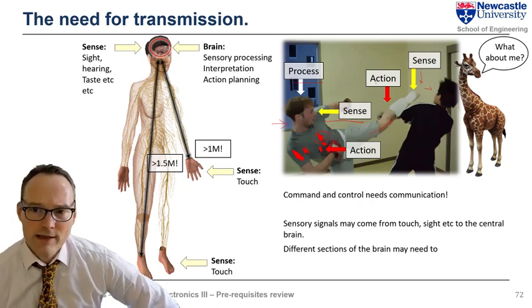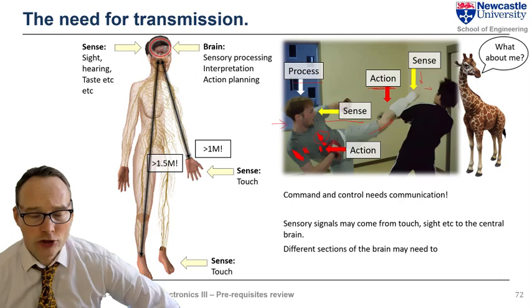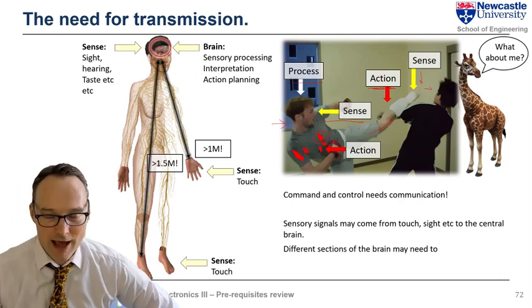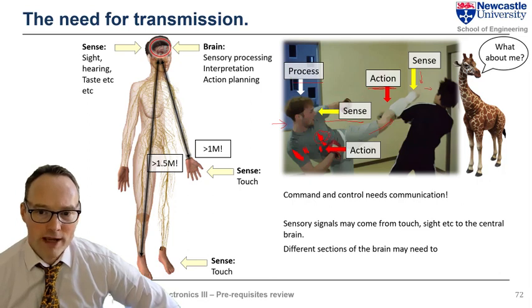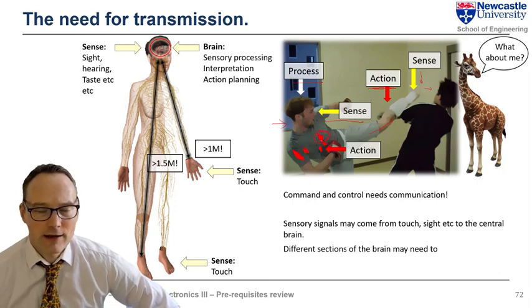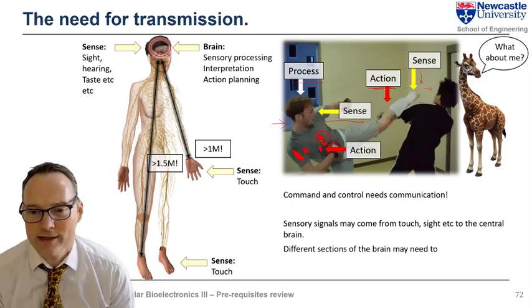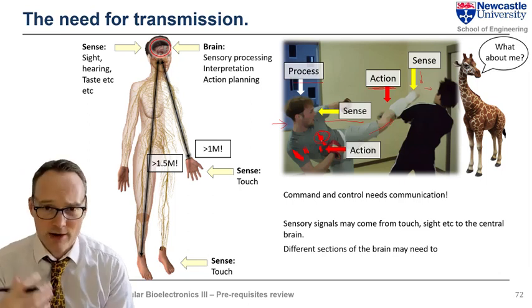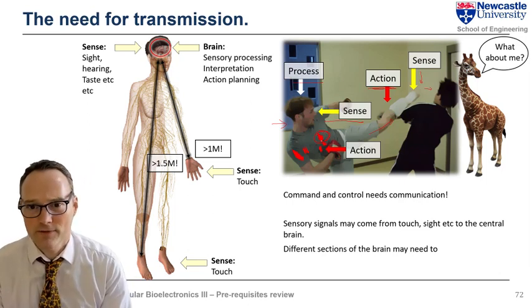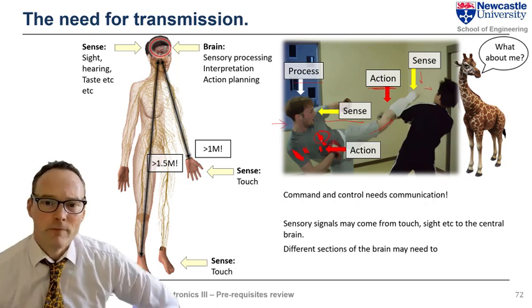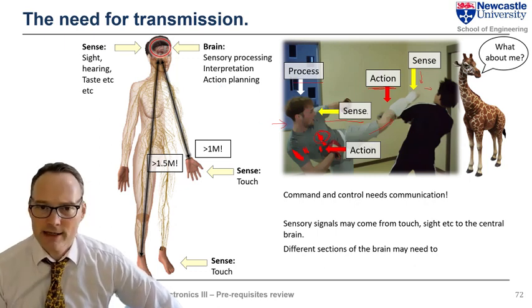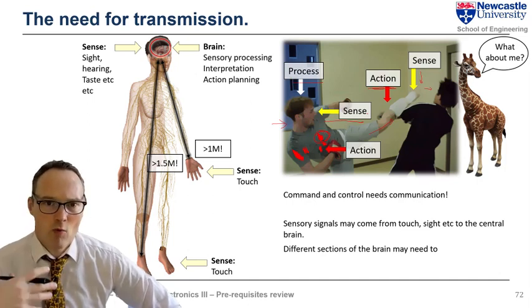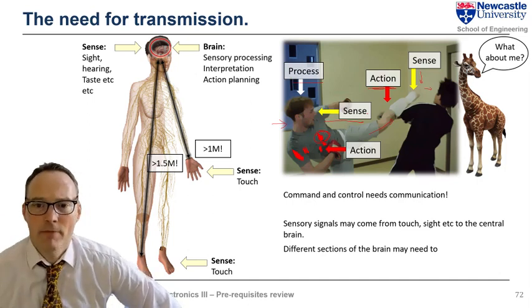So the first action is a conscious action, moving of the muscles, and then there's an autonomic action, which is the sweat reflex, and of course there are things like heartbeats and fear and all sorts of other responses going on.